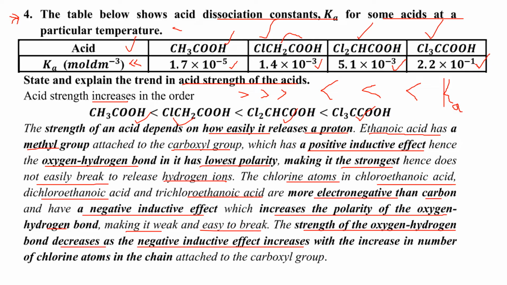Once it becomes easy to break, protons are easily released in solution, and it makes such a compound a strong acid, because it can easily release protons in solution. So the strength of the oxygen-hydrogen bond decreases as the negative inductive effect increases, and the negative inductive effect increases with the number of chlorine atoms present in the chain attached to the carboxyl group.